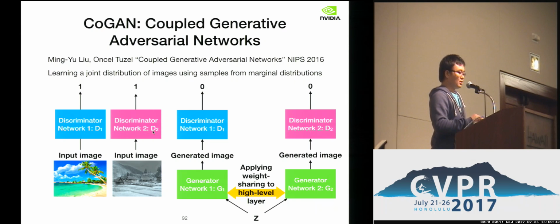The discriminator in domain 2 differentiates real winter images from fake winter images. And the 2 generators here take a random number z and generate a pair of images. The image coming out from generator 1 you want to look like summertime images, and the one from generator 2 you want to look like a wintertime image.